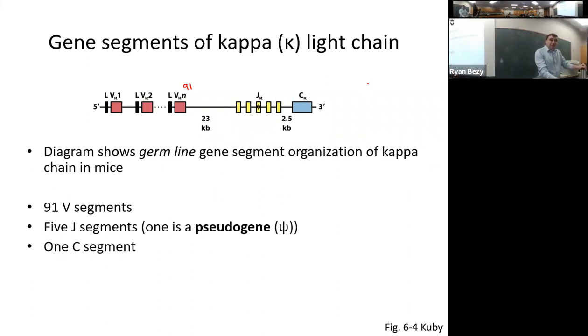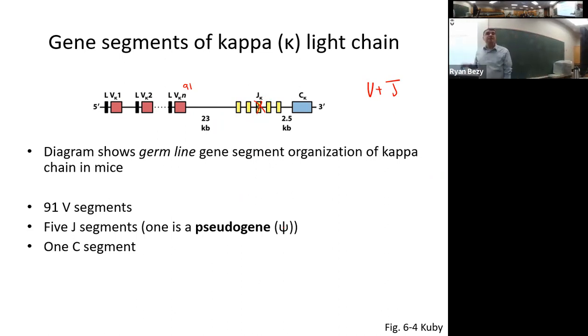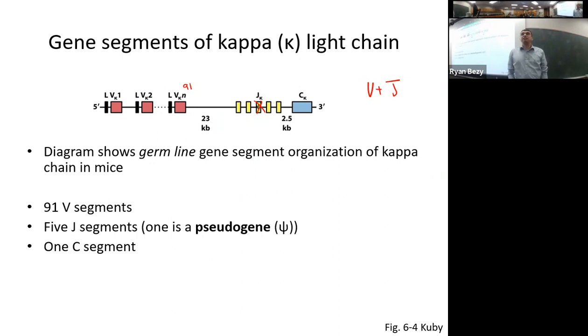Remember, light chains have V and J segments. The other thing it has is J segments over here, and there are 5 J segments, but this one doesn't count, because that psi is a symbol for a pseudogene. It's mutated at some point in its evolutionary history and it's no longer functional. A pseudogene is a false gene, or a mutated non-functional gene segment in essence.